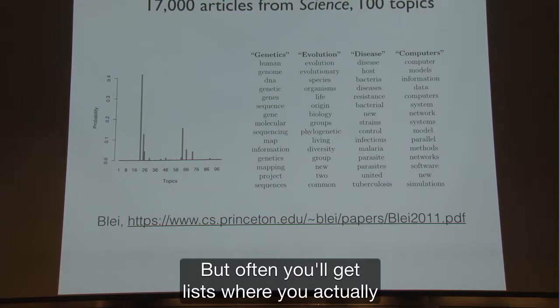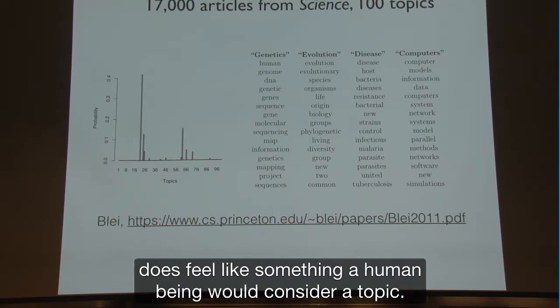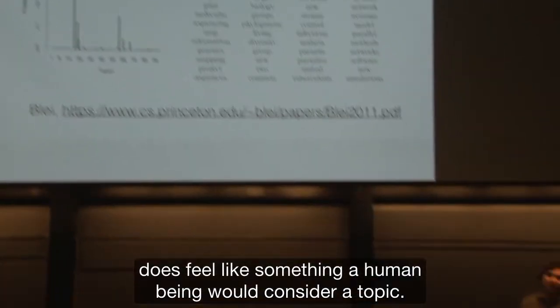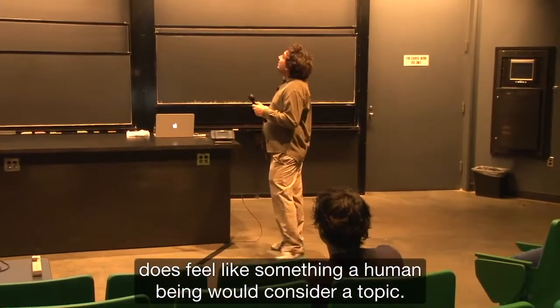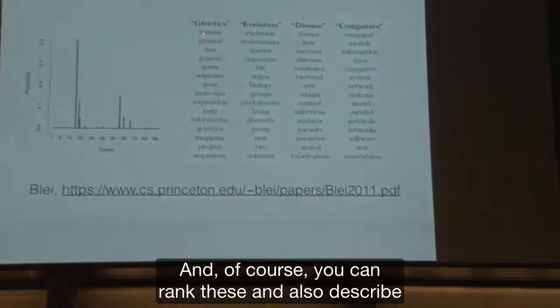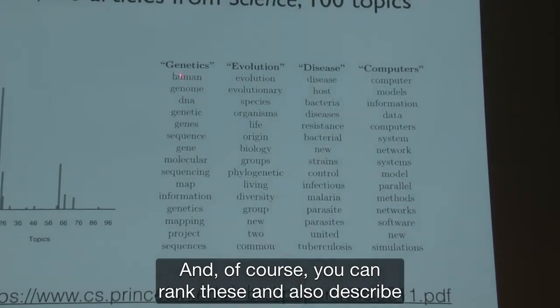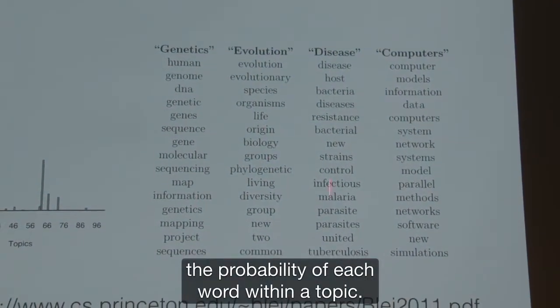But often you'll get lists where you actually do have a nice interpretation, and that does feel like something a human being would consider a topic. And so it generates lists like this, and of course, you can rank these and also describe the probability of each word within a topic.